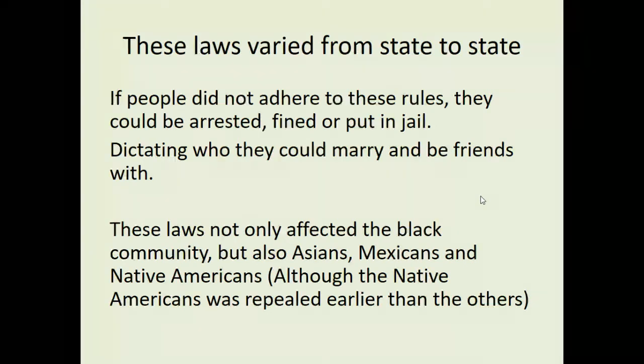These laws not only affected the Black community, but also Asians, as I've mentioned. So a large Chinese community, a large Indian community, and a large Malaysian community as well. The Mexicans and Native Americans, although for the Native Americans they repealed the ban on them coexisting with white people, and that was relaxed earlier on because essentially they were there first, so they were allowed to mingle with white people earlier.